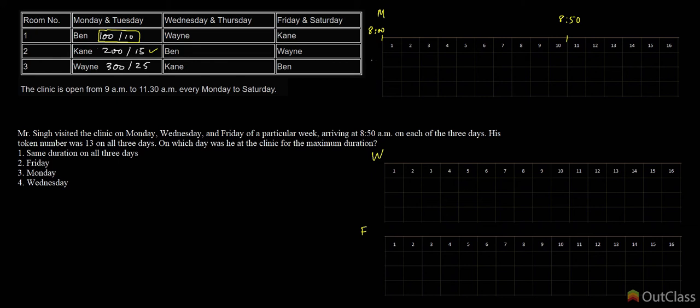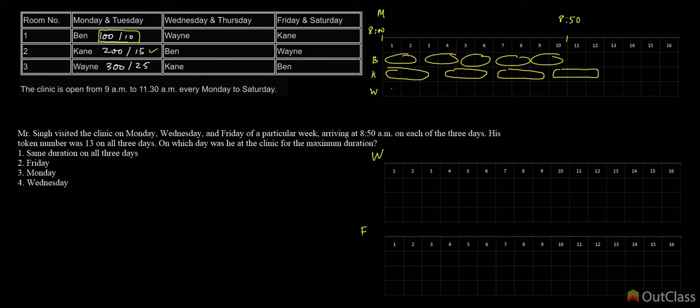On Monday, rooms 1, 2, 3 are taken by Ben, Kane and Wayne. By 8:50, Ben would have done 1, 2, 3, 4, 5 people. Kane would have done 1, 2, 3 and started the next person.